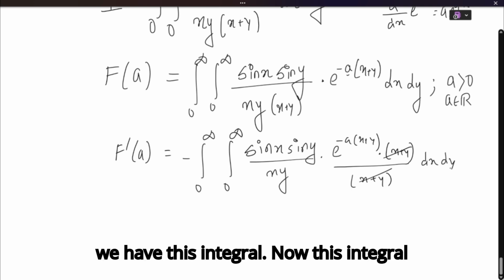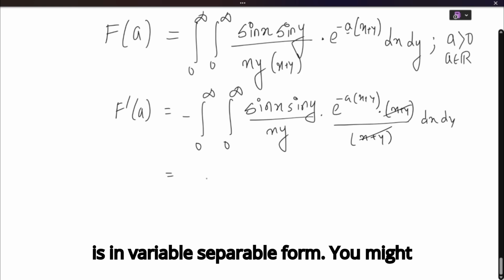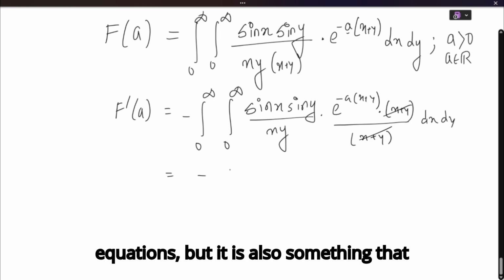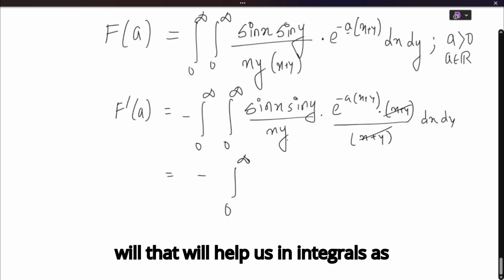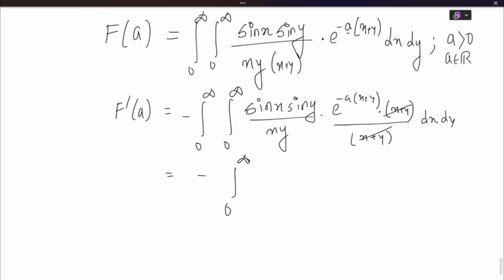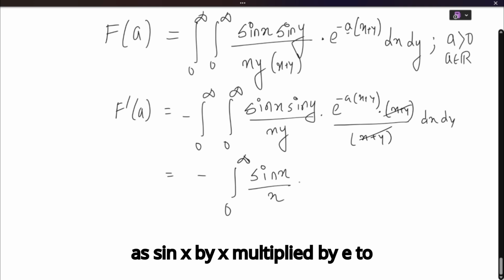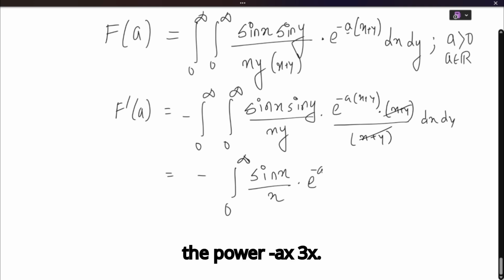And now we have this integral. Now this integral is in variable separable form. You might have heard that term in differential equations, but it also helps us in integrals where more than one integral is involved, like iterated integrals. So you can see that this can be written as sin x by x multiplied by e to the power minus ax dx.